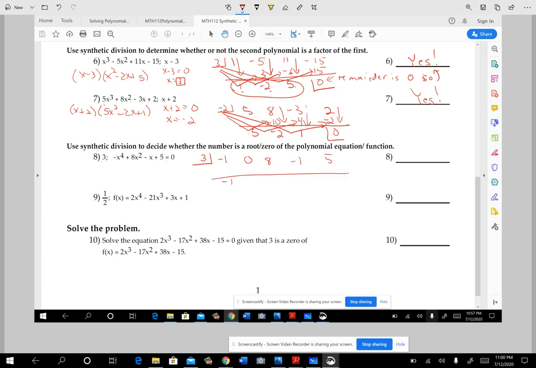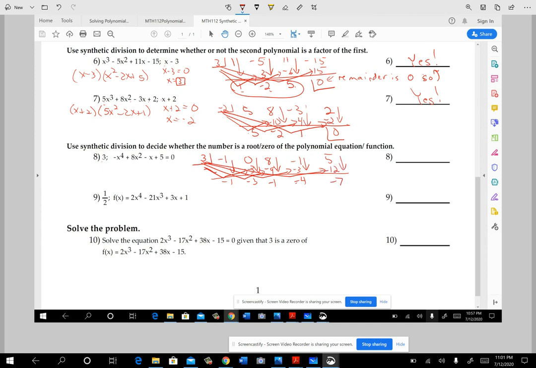So bring down -1, then multiply 3 times -1 and write it next to that. Add straight down, get a -3, then multiply, gives you -9. Add straight down, you get -1. 3 times -1 is -3. Add straight down, you get -4. 3 times -4 is -12.